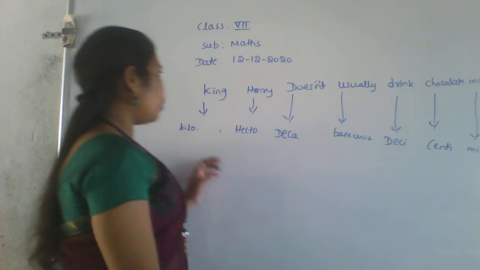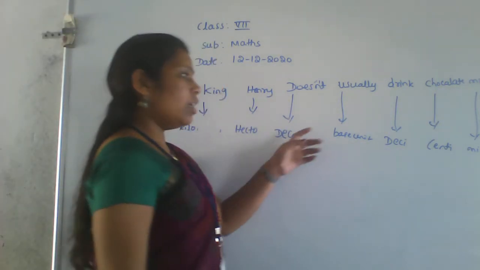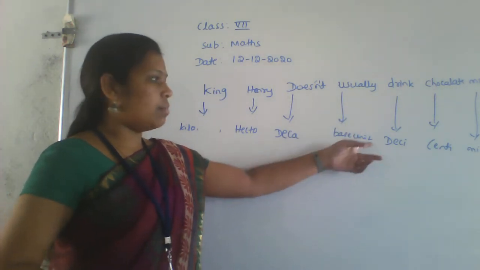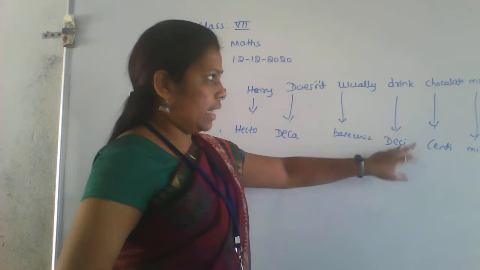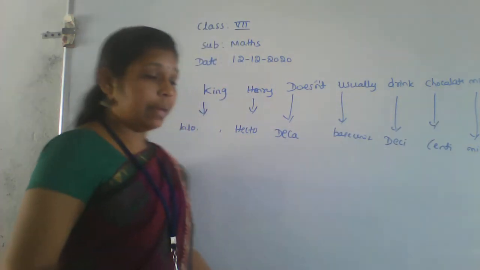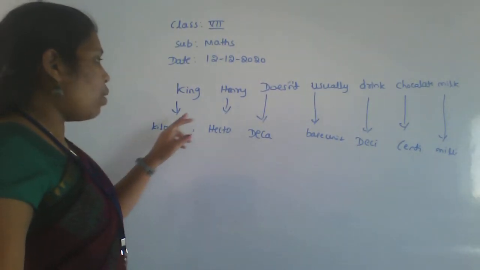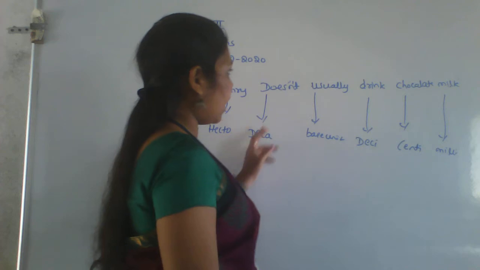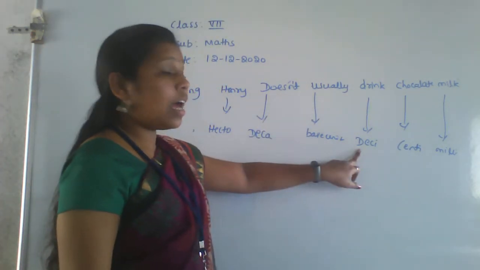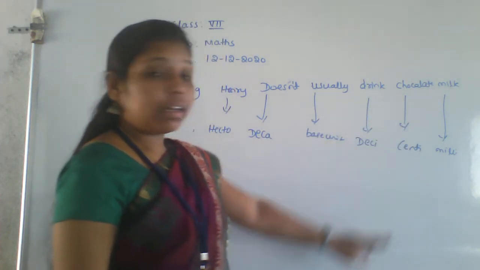So K for kilo, H for hecto, D for deca. Leave this one, usually it is the unit. It doesn't matter here. Small d means deci, C means centi, and M means milli.